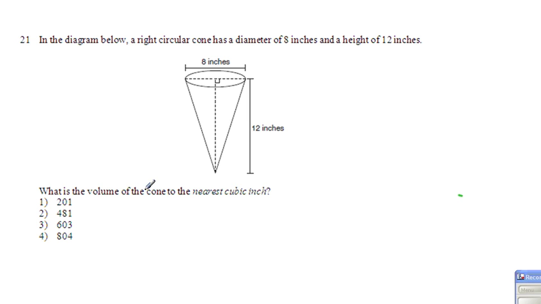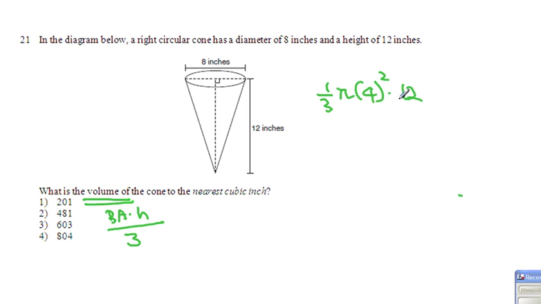Now, here we have volume. How do you find the volume? Volume is base area times height. But since it's a cone, we're going to have 1/3 of that. Now, then here, 1/3 pi, r here becomes 4 squared times the height, which is 12.